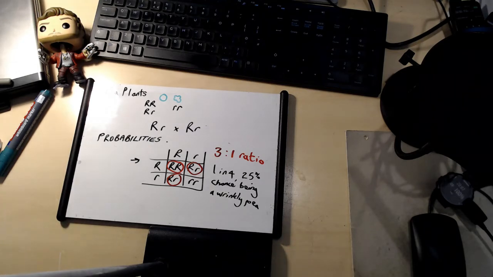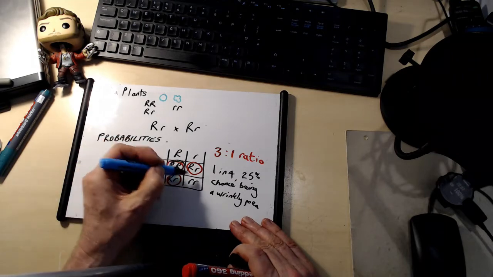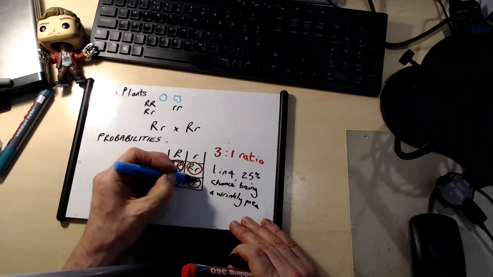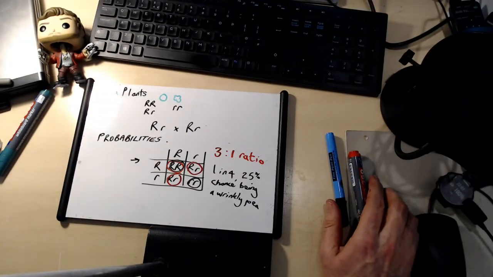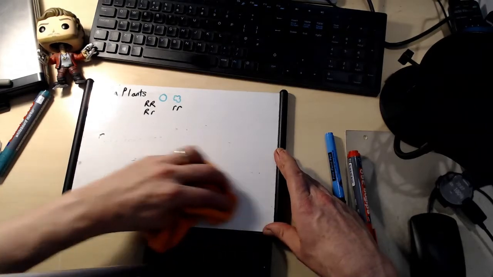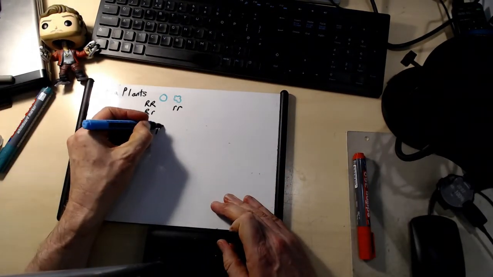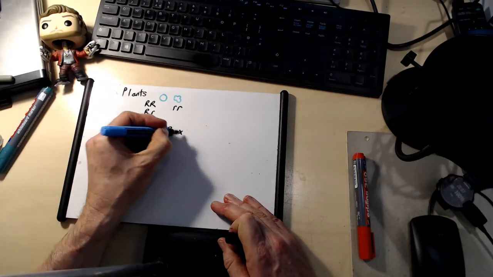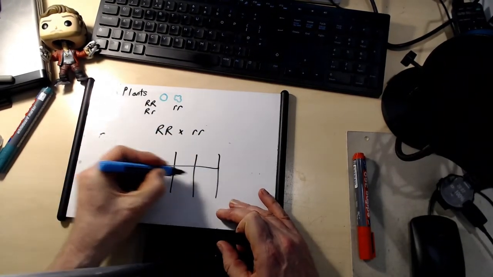So let's cross now a round pea with a wrinkly pea. Let's have a look at that one. I'm going to go round pea with a wrinkly pea. So again, Punnett square.